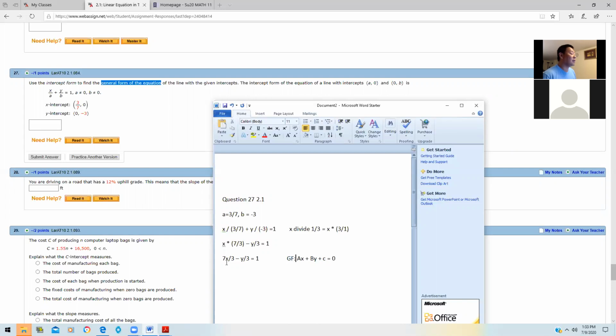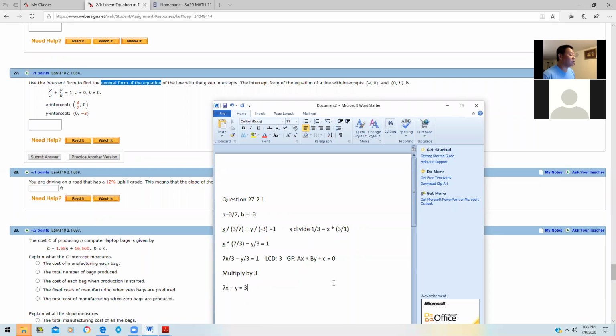The good news here is that they have the same denominator, they all have 3. So the LCD here is 3, and I multiply everything by 3. When I multiply everything by 3, I will get 7x because the 3 is gone, minus y, the 3 is gone, but the 1 will become 3.